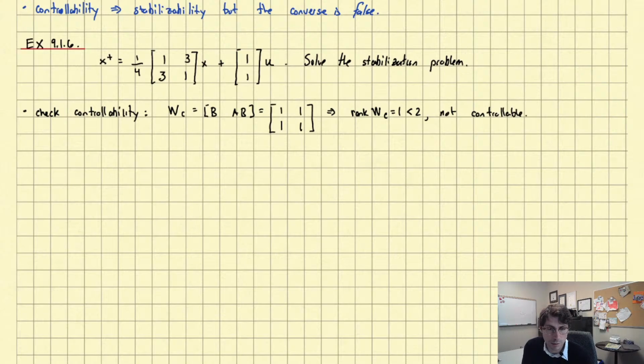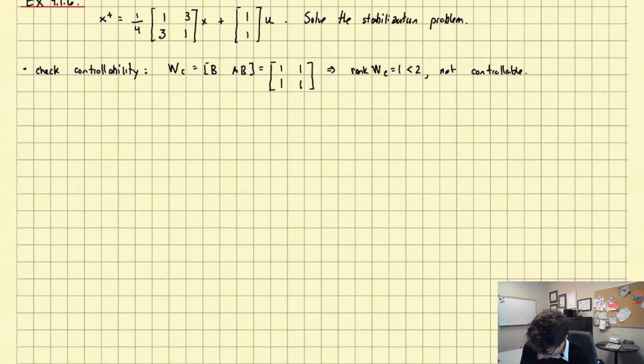So we cannot arbitrarily change the eigenvalues of the closed-loop system. There are going to be some eigenvalues that are fixed and can't be moved. For stabilizability, what we need to check is that the ones that can't be moved are hopefully already stable on their own. Because if they are, then we can solve the problem. If they're not, then there's nothing we can do. Okay, so let's check stabilizability.